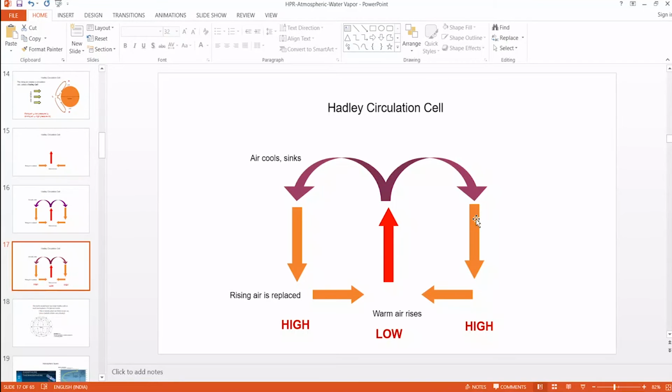And at the poles, it descends, because as it loses energy it cools down. So when it cools down, the cool air has higher mass. Okay, so therefore it comes back to the earth at the poles.